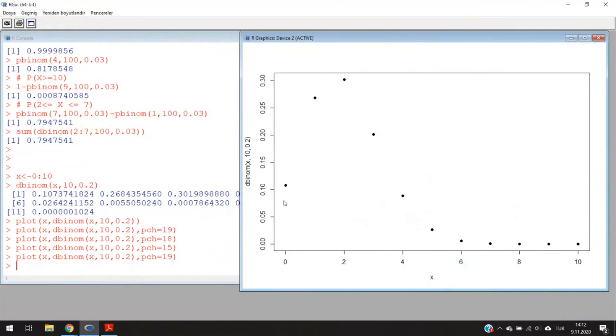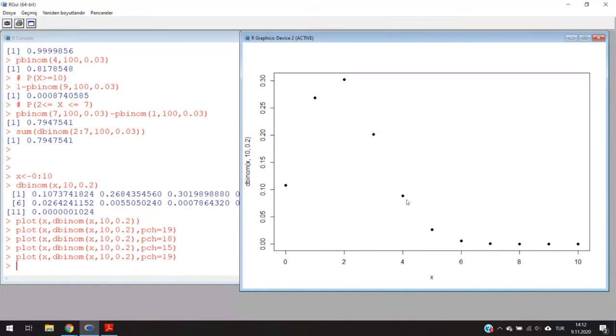And you see the probability mass function for this binomial random variable looks like this, which means if you repeat a Bernoulli trial 10 times independently, at each trial the success probability is 0.2. Now, the probability of having none of them as a success is 0.10 approximately. Exactly one success has the probability of 0.27 approximately. Exactly two successes has probability of 0.30 approximately.